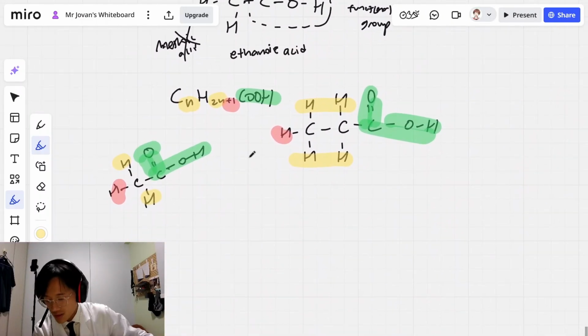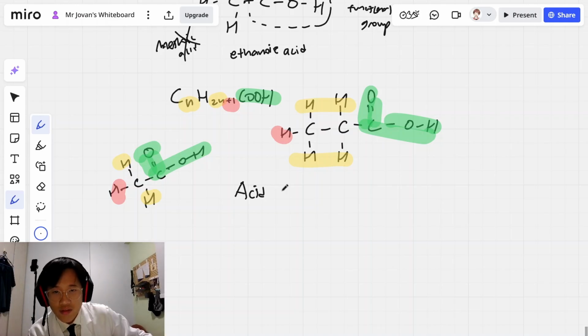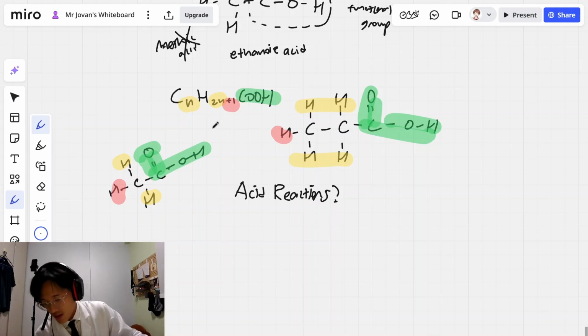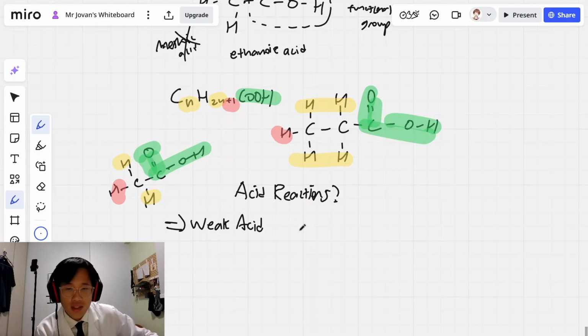Carboxylic acids have the typical acid reactions. Do you know what the acid reactions are? Because carboxylic acid has acid in its name, but what kind of acid is it? It's a weak acid. Just take note. What does weak acid mean?